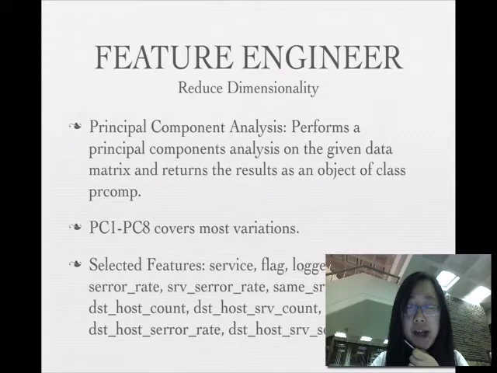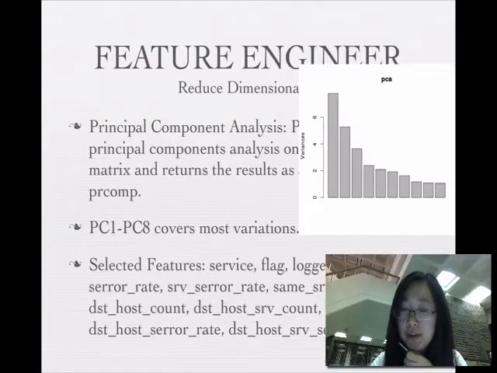And then I reduce the dimensionality using the principal component analysis method. Principal component analysis performs a principal component analysis on the given data matrix and returns the results as an object of class.